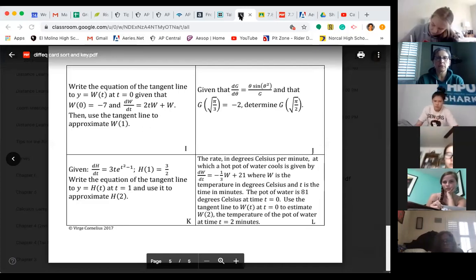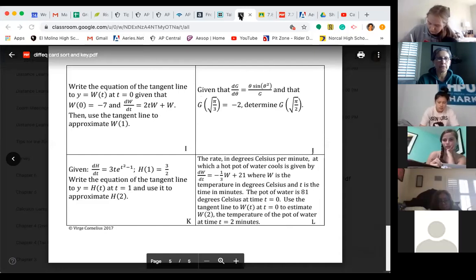Okay, so on I, we've got this dw dt, and because this side here has t's and w's all mixed up, the question is to write the equation of the tangent line to the particular solution.